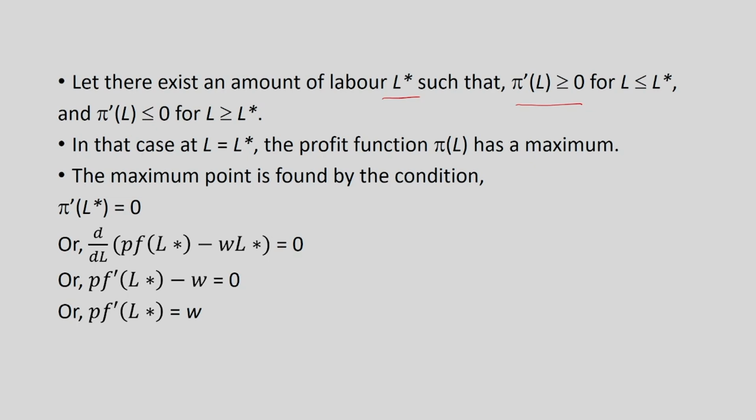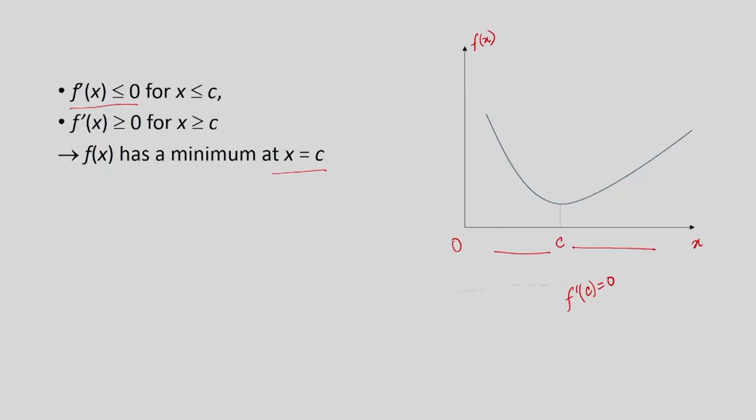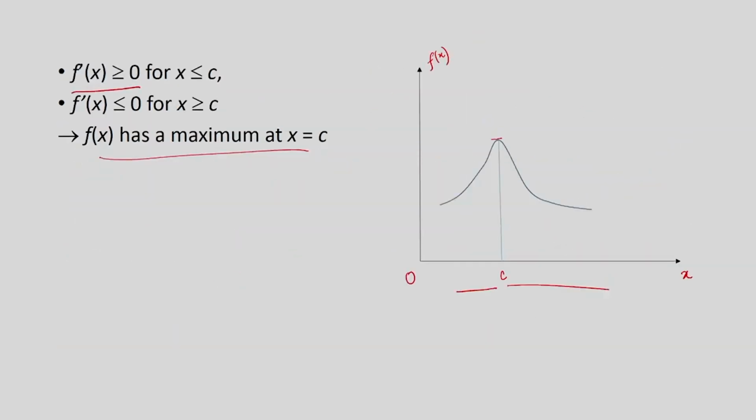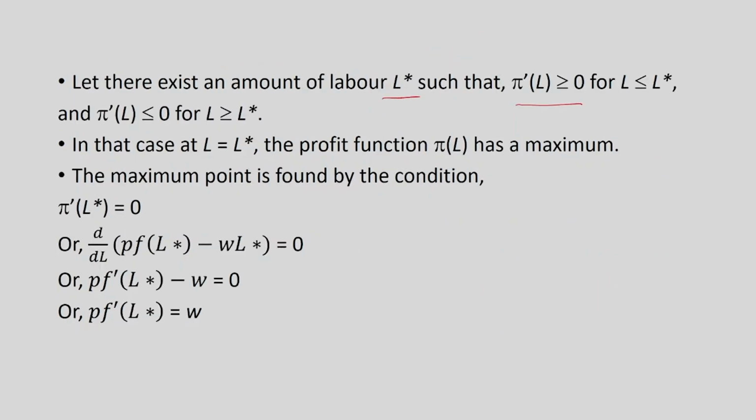So, this is the condition that we have seen before, when we were talking about the first derivative test. This is a similar condition. Now, in that case, at L is equal to L star, the profit function has a maximum.